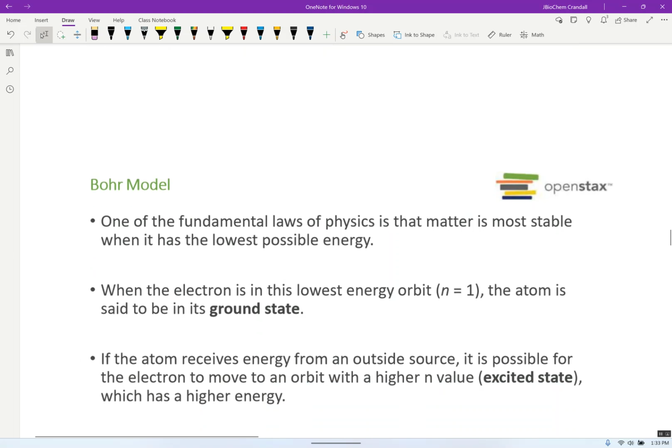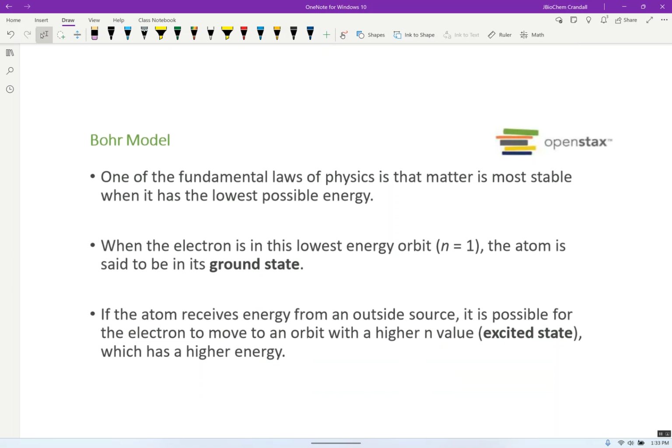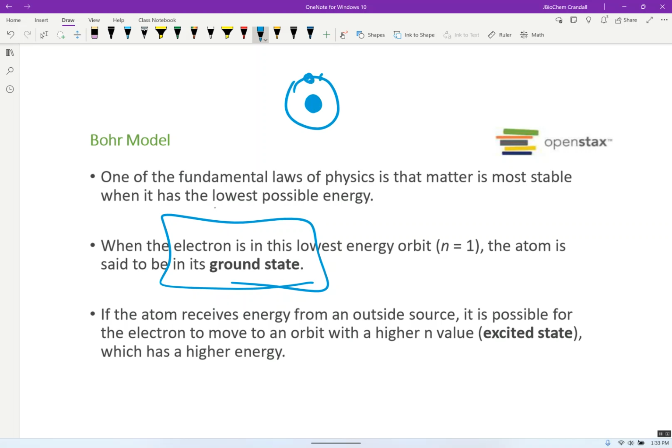Okay, and we're going to talk about some of these quantum numbers that are associated with these energy levels. Now, the term ground state just means that you're an electron in your lowest possible energy, okay? When we talk about this first energy level, we have electrons in that.